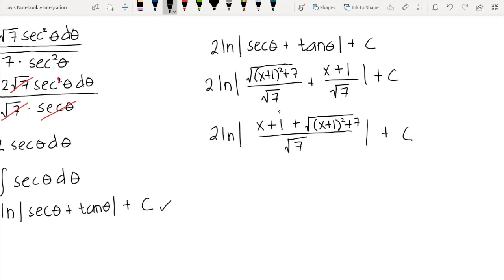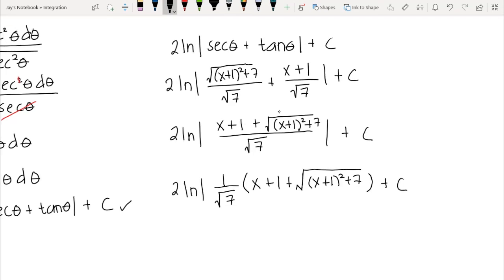Okay? However, take note, we can factor out 1 over square root of 7 in this function. So we have 2 the natural logarithm of 1 over square root of 7, then we have here x plus 1 plus square root of x plus 1 squared plus 7 plus c. However, we still have 1 over square root of 7.